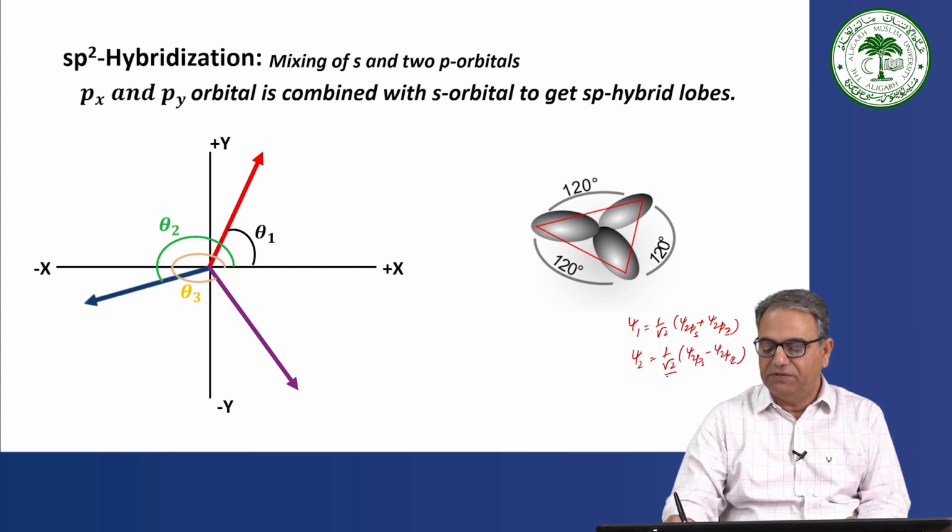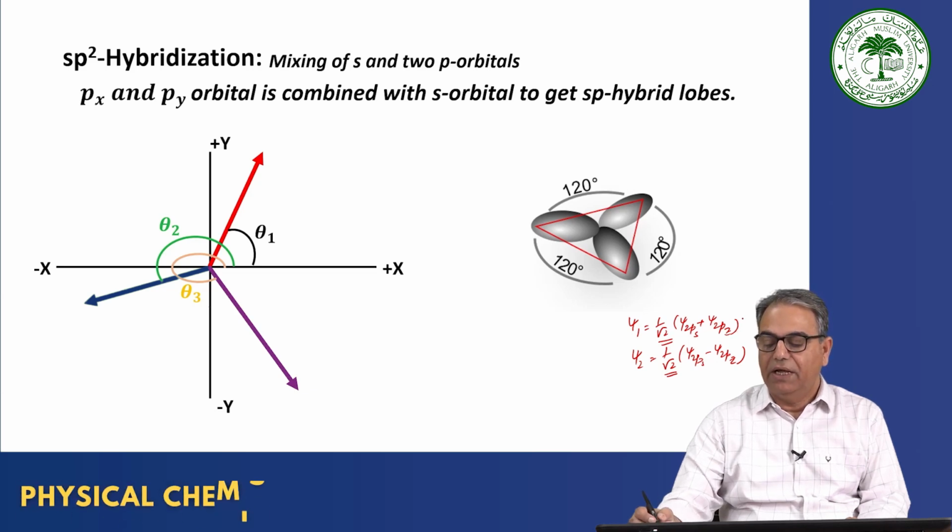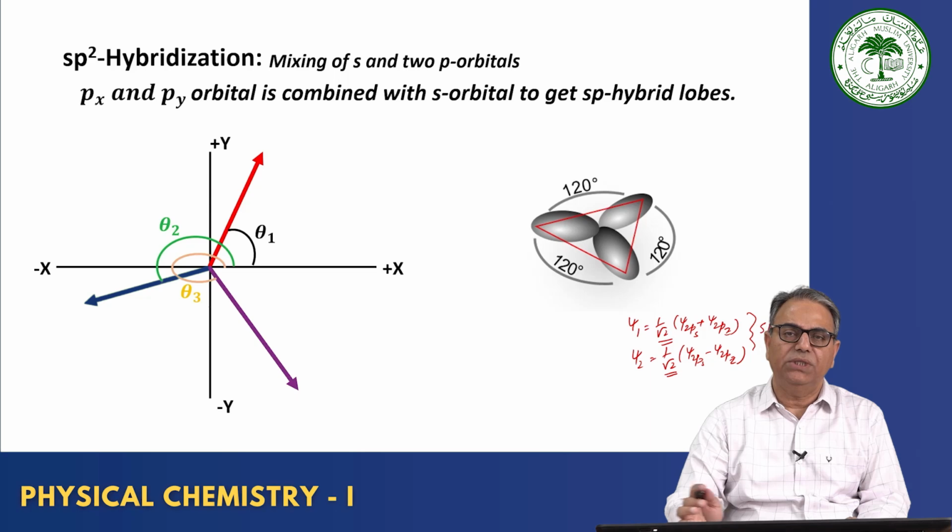The coefficients are 1 by root 2 and 1 by root 2. The contribution is the square of the coefficients, so 1 by 2 is the contribution of psi 2s and 1 by 2 is the contribution of psi 2pz. This is sp hybridization, with half contribution from both s and p.